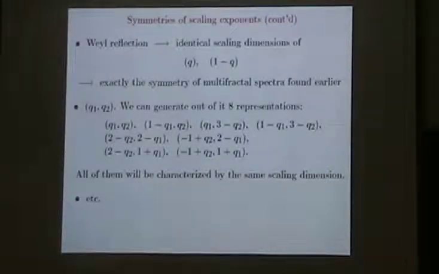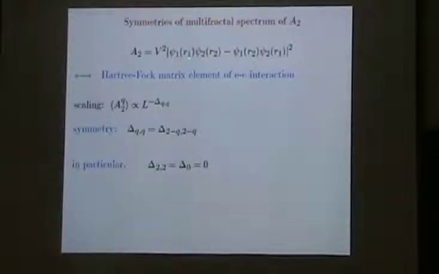As an example, just take this Slater determinant. Now we are back to simple physical objects. Take the Slater determinant, raise it to the power q, and this will correspond to the eigenvalue delta q. And according to the symmetry, the eigenvalue delta q should be the same as delta 2 minus q.